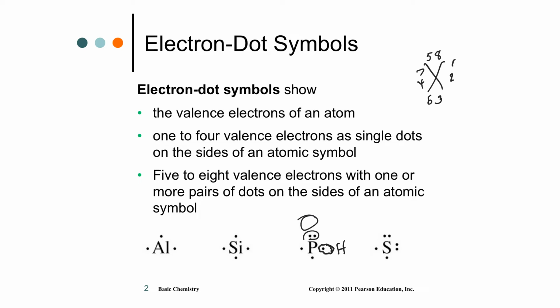Now you could have something come in and share it, but for the most part, this doesn't have any attachments, and this will have attachments. Later, when we get into the shapes of molecules, you can predict the shape simply by knowing how many hands it's holding.